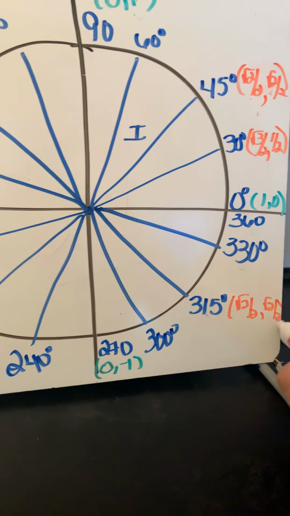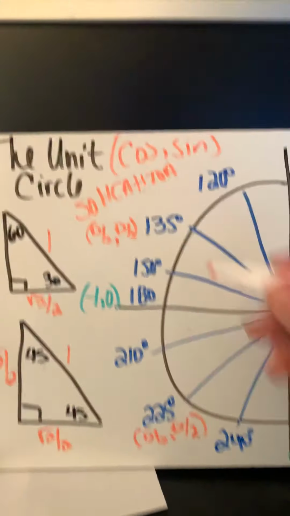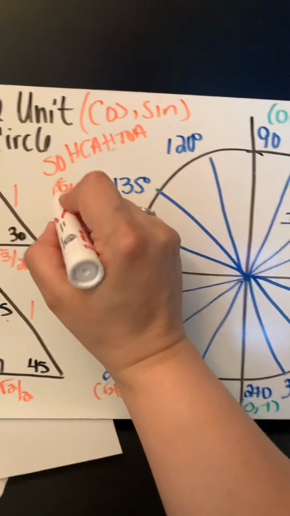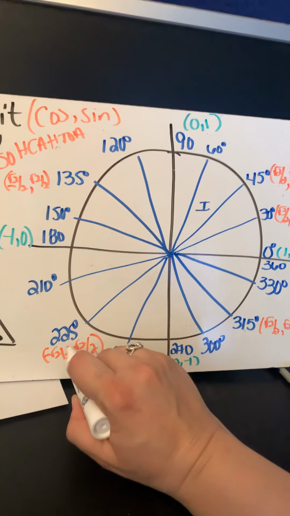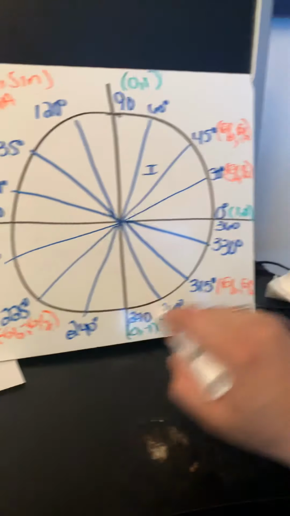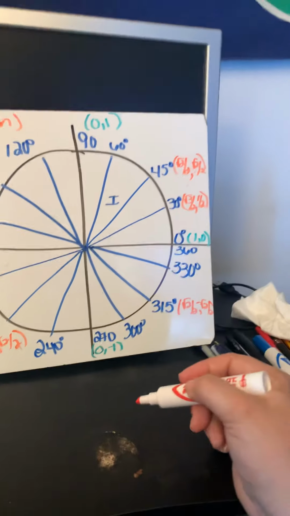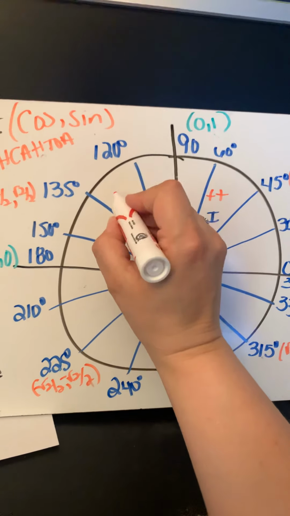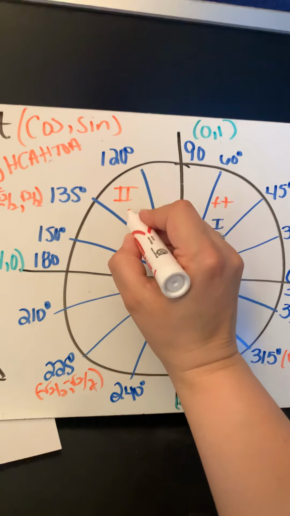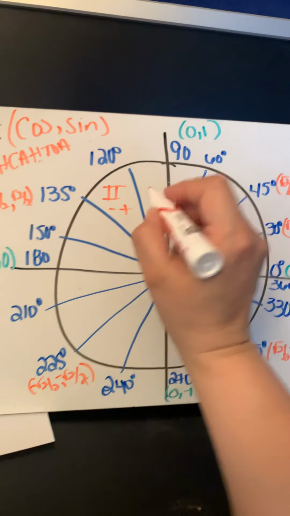Root 2 over 2. And also put in your signs: this here is negative, positive. It follows the same as your Cartesian plane. Quadrant 1 is positive, positive. Quadrant 2 is negative, positive.